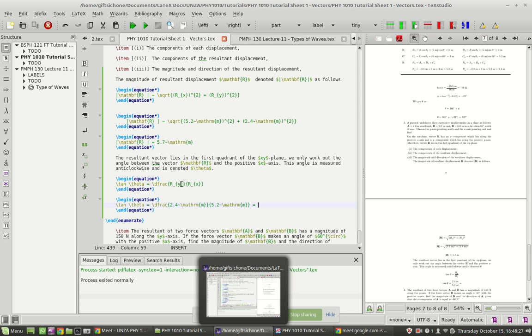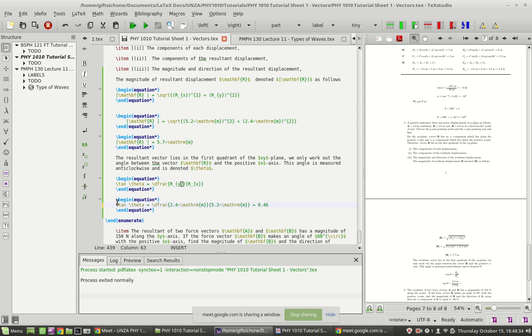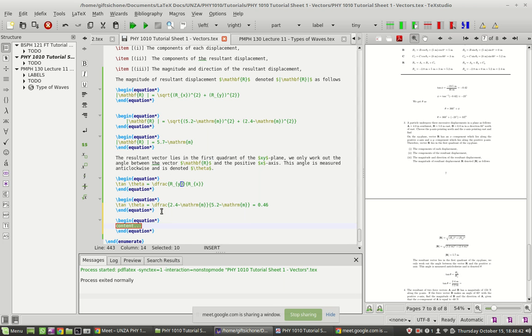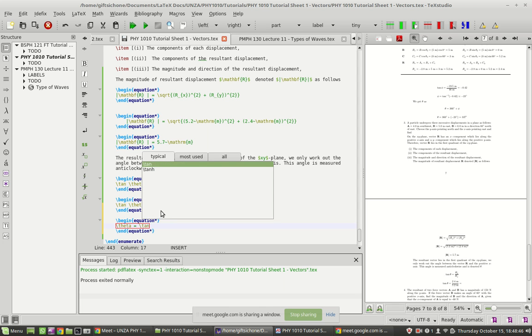0.462, so 0.46. Okay. Then next we work out the angle, using theta equals tan inverse of 0.46.